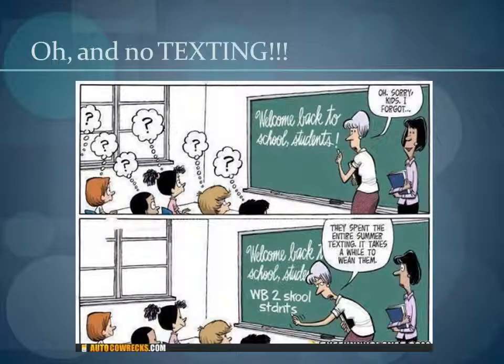Oh, and please, please, please don't use texting languages. I can't tell you how many times we've had things turned in with the LOL and CUs and the short abbreviations that are now used for texting. Forget that language during this time. Save it for when you are texting.